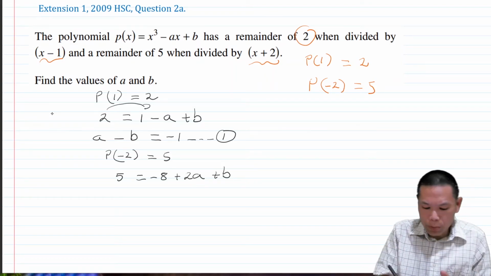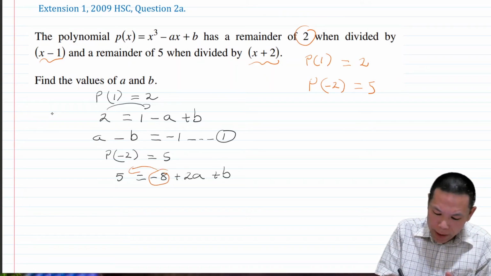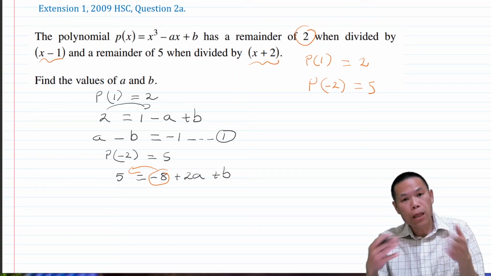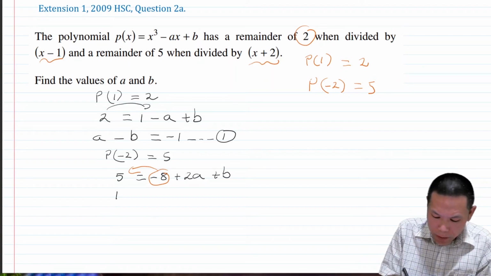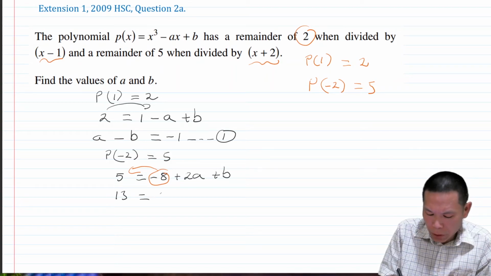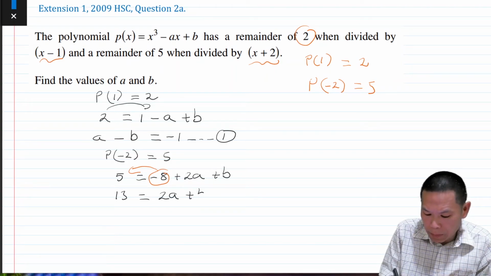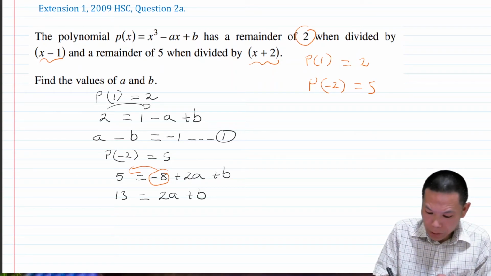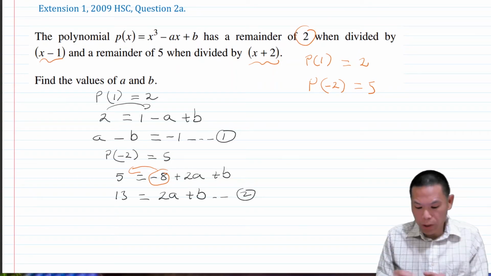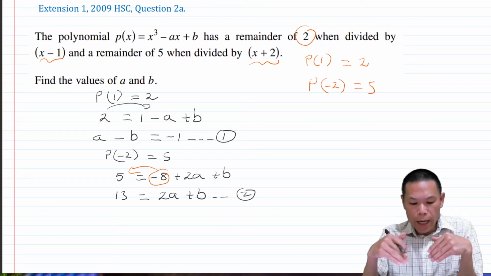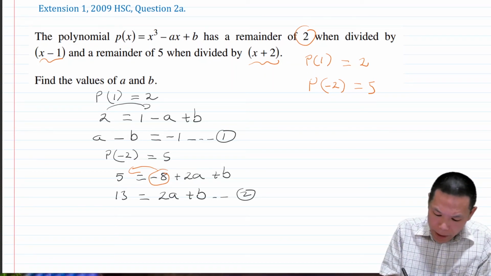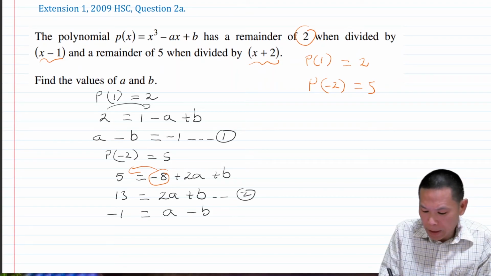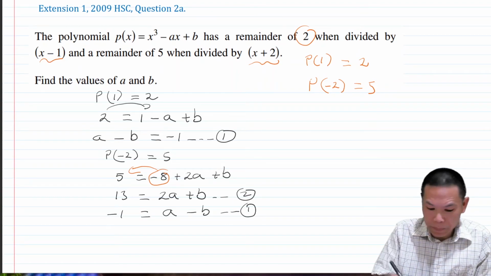So now I move the negative 8 to this side, so that becomes 5 plus 8, which is 13. So 13 is equal to 2a plus b. Let's name this equation number 2. I just write equation number 1 underneath: negative 1 is equal to a minus b.